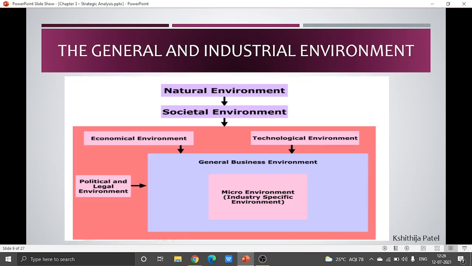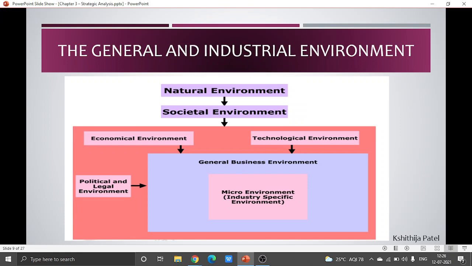So this is something how you can present it, the general and industrial environment. In the heart of the diagram, you have the micro environment, that is the industry specific environment, and the outer circle is that of the general and business environment.